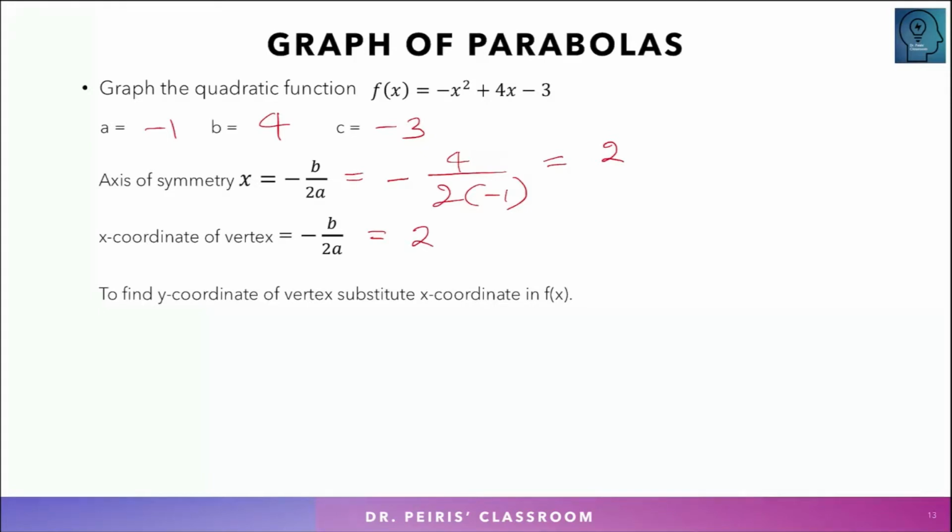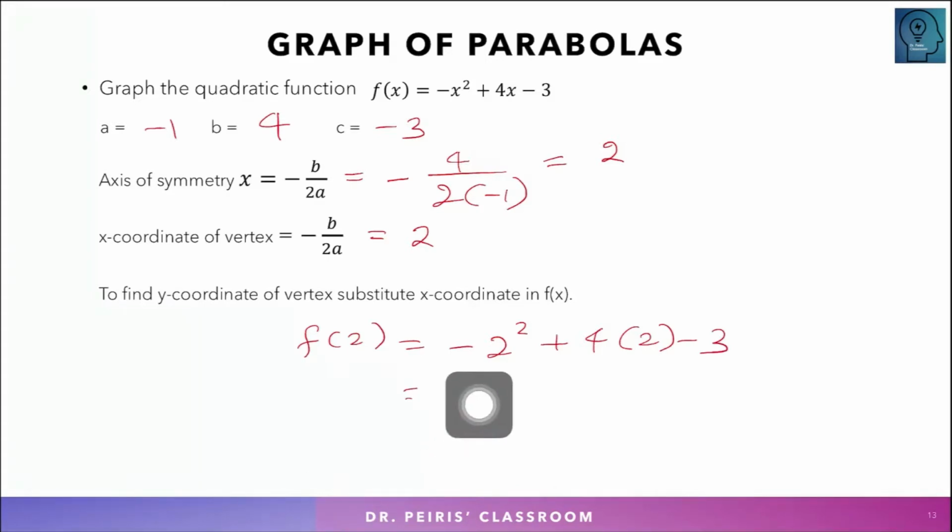Now to find the y coordinate of the vertex, we substitute x equals 2 in the given equation. So we are finding f of 2: negative 2 squared plus 4 times 2 minus 3. So this one has to be minus 4. We have to be very careful.